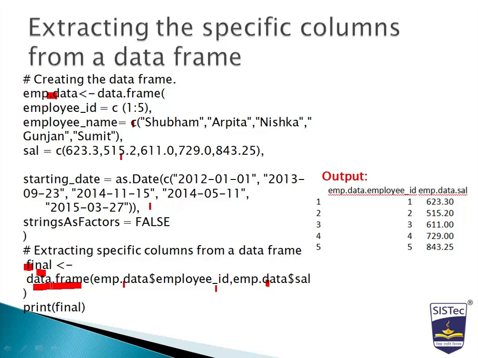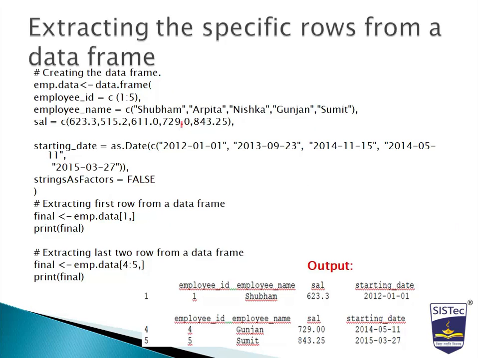So this final is also a data frame, not a vector. Here we use a data frame to create another data frame. And here we have only the employee IDs and salary, the names are missing, so we are accessing column wise data.